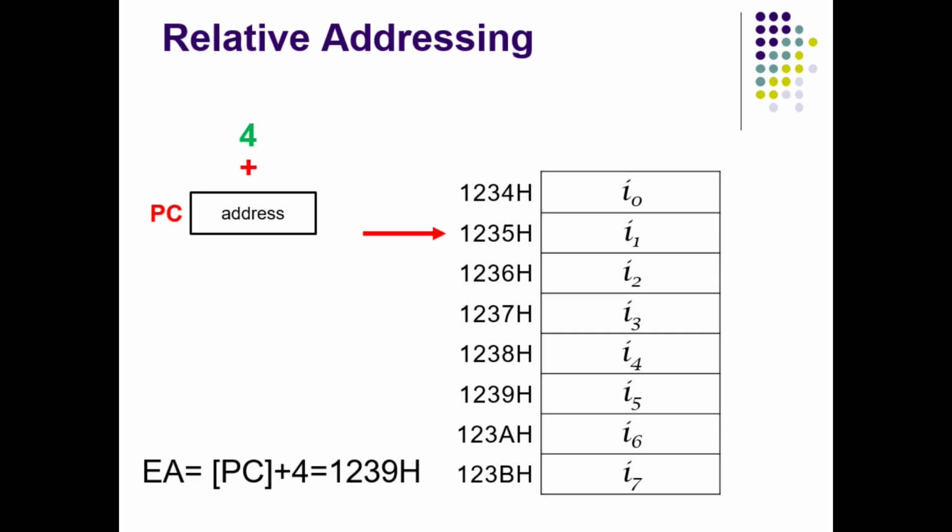Now what happens during execution of I0? The PC will be updated. The 4 will be added to the PC. So PC now starts pointing to 1239H, because PC was 1235H plus 4, it is 1239H. Now PC holds the address of the I5 instruction. After executing I0, the next instruction PC is pointing to is I5.